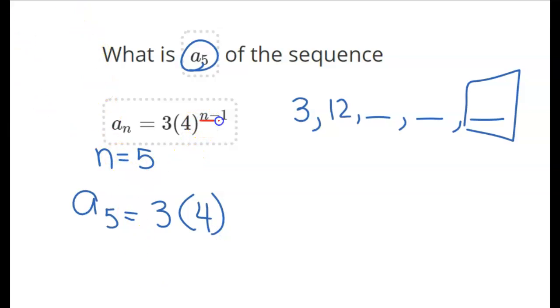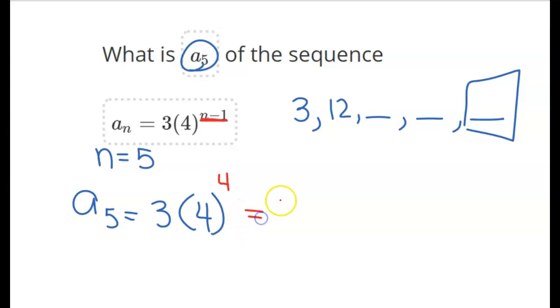Now, you see how this says n minus 1? If n is 5, what is 5 minus 1? And so this will be raised to the 4th power. Whatever this is, this one is 1 less, because that's what it tells me in the formula. So, to get that answer, I would use my calculator, my Desmos, and do 3 times 4 raised to the 4th power.